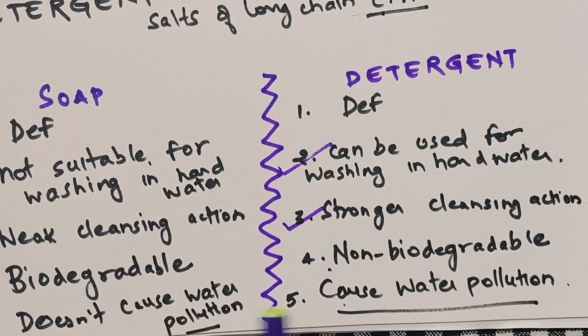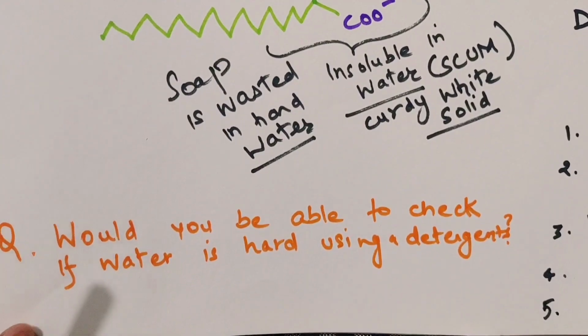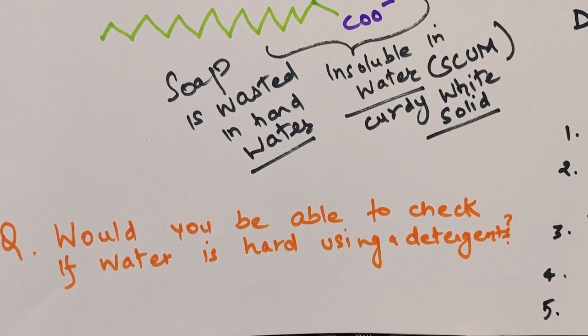Now, there's one more question. Would you be able to check if the water is hard using a detergent? We know that detergent produces lather with both soft water and hard water.